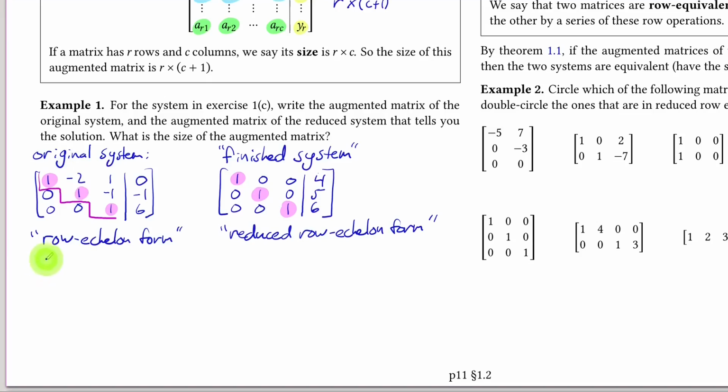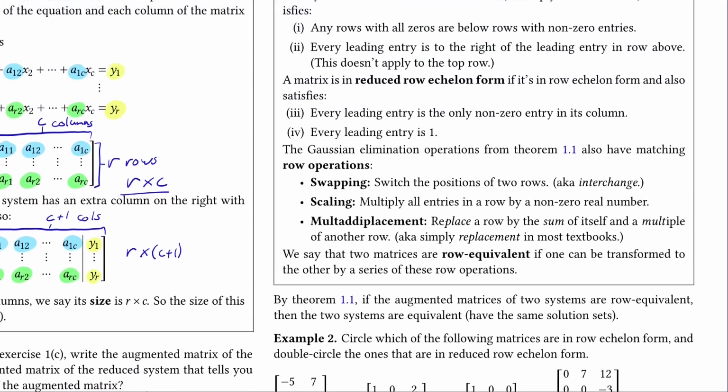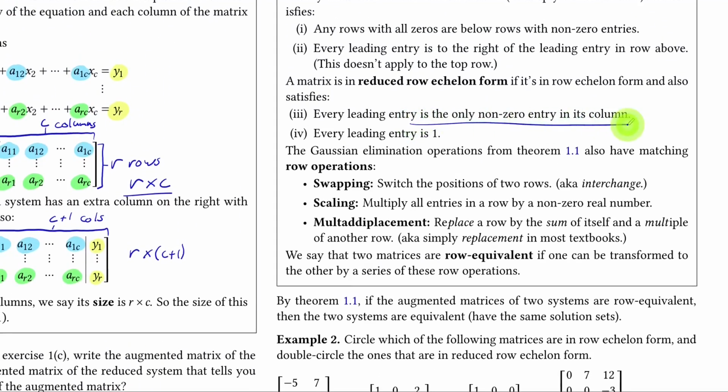So this is not reduced row echelon form. However, here we have this 1 that's the only non-zero entry in its column. This one is the only non-zero entry in its column. These are not leading entries, so it doesn't matter. So every leading entry has to be the only non-zero entry in its column.